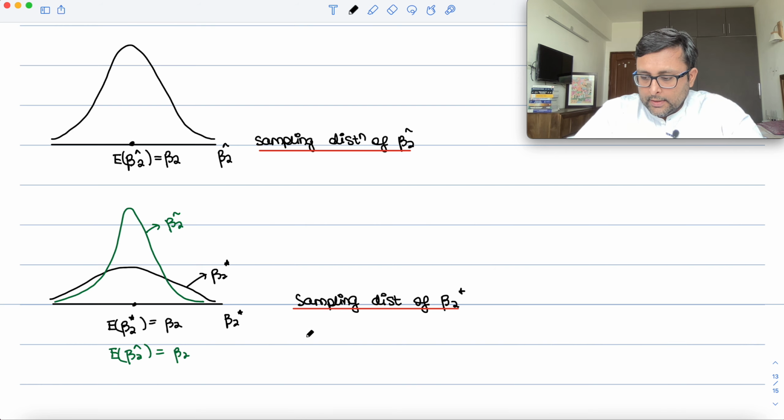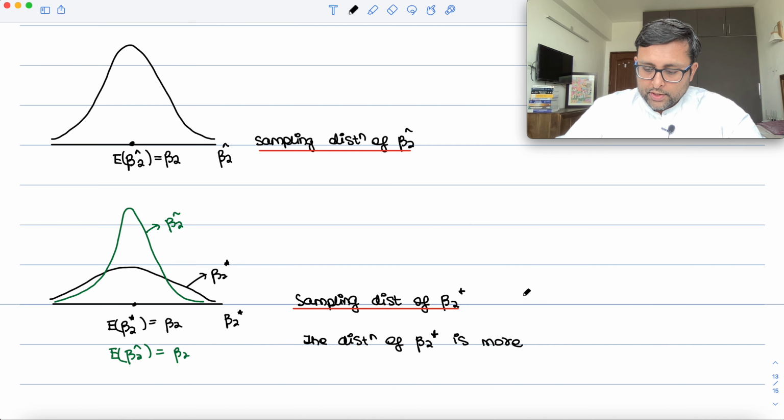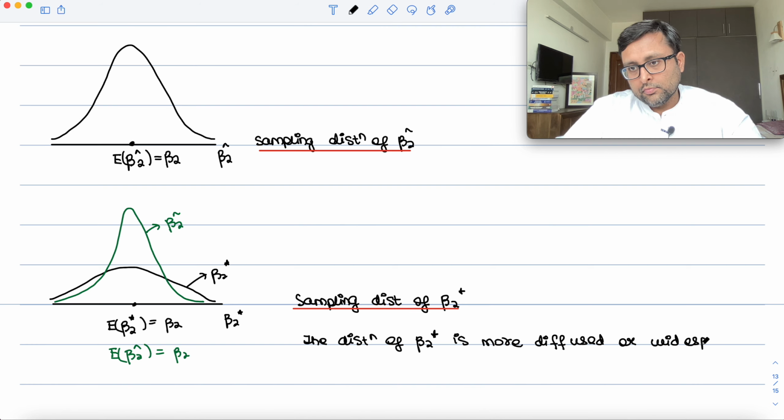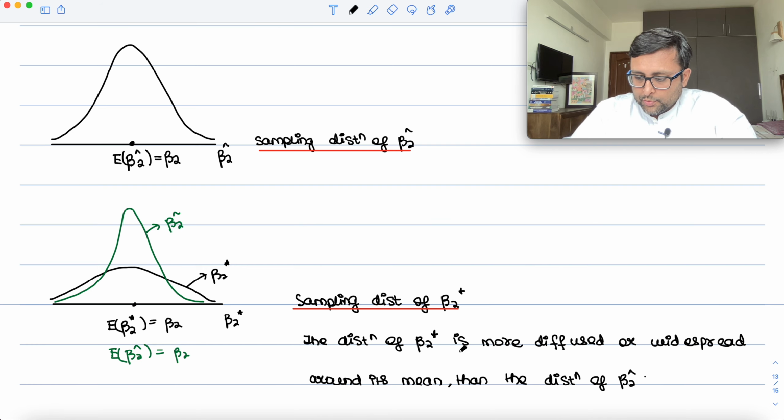So you can write this: the distribution of beta 2 star is more diffused or widespread around its mean than the distribution of beta 2 hat.